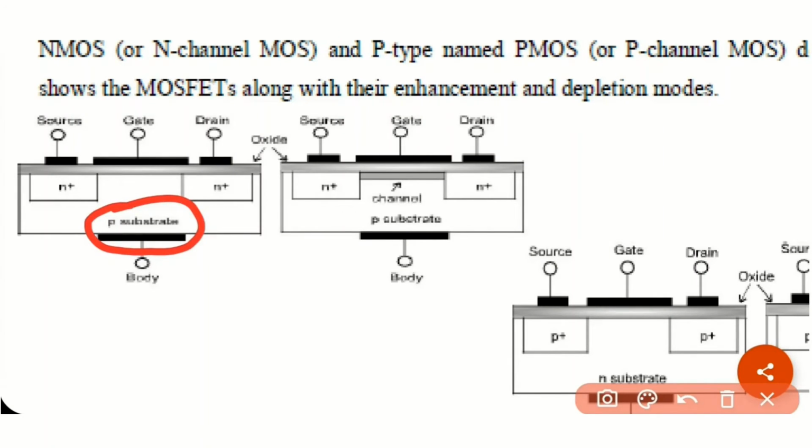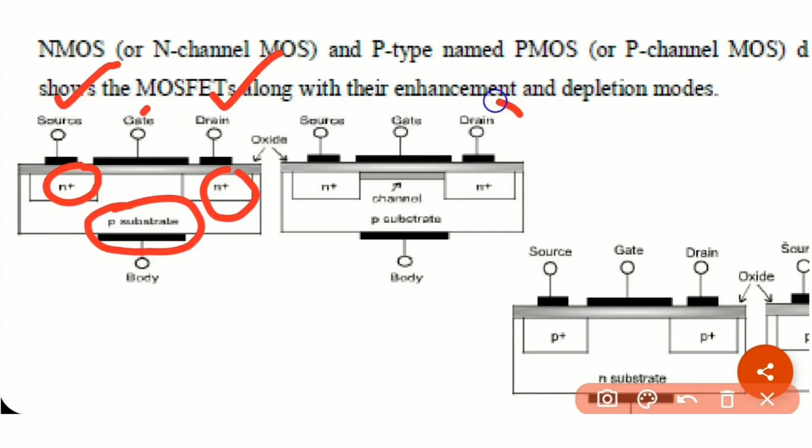Clear? In the P substrate, there is N doping. On one side you are having the source, on the other side the drain, and in the center the gate. So P substrate is there, two dopings are there, N type, each for source and drain, and there is a gate. So observe there is no channel.